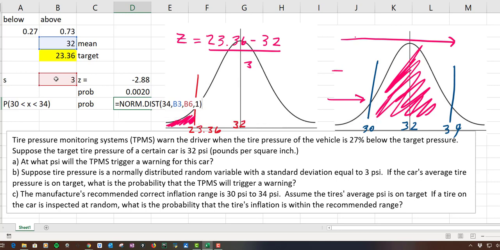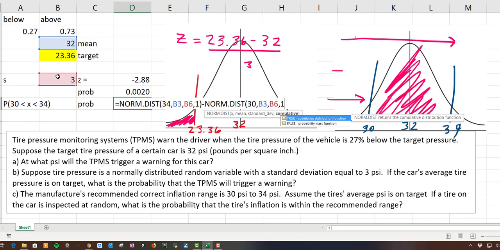I close the parentheses. Now notice in the same step, I put a minus and I do the norm.dist again. You could do this in two different steps, I just do it in one step. And now I'm going to do the 30, and then my same mean, my same standard deviation, and I do want that to accumulate.